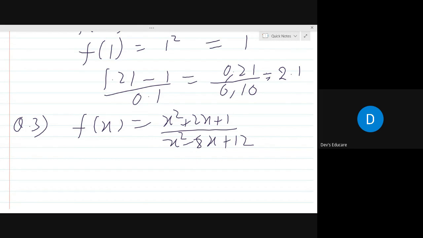What type of function is this? Who can tell me? Muskan, Ria, what type of function is this?